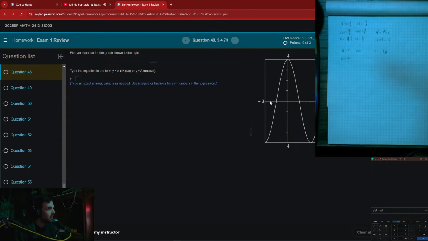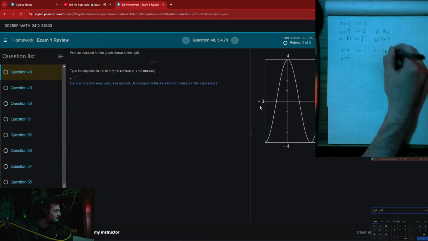If we did that, that would just give us the negative cosine function, right? So if we did a phase shift and it was a sine function, it would be plus minus 1.5, which I think is 3 over 2.